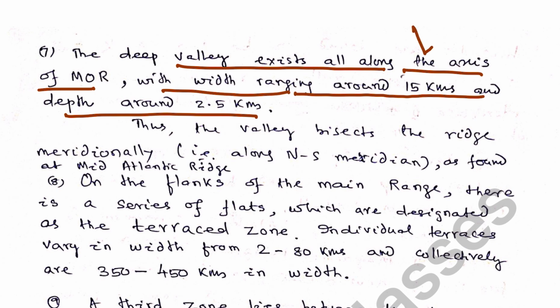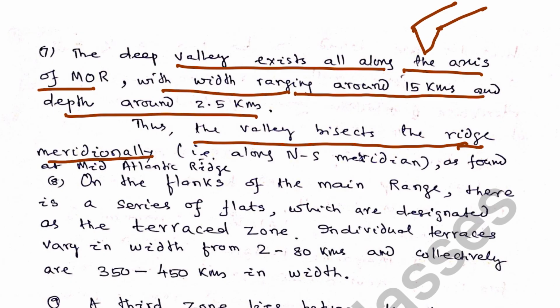Thus this valley bisects the ridge meridionally, that is, parallel to the north-south meridian, as in the case of the mid-Atlantic ridge. Mostly the ridges are elongated in a north-south direction, and thus these valleys bisect the ridges meridionally.